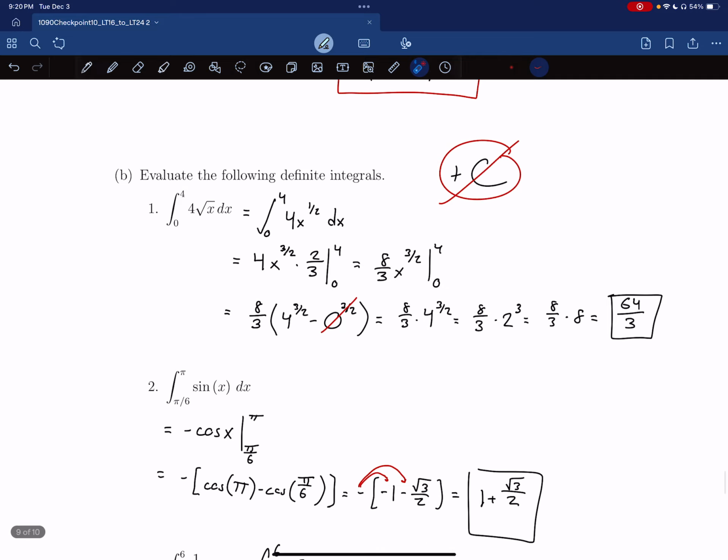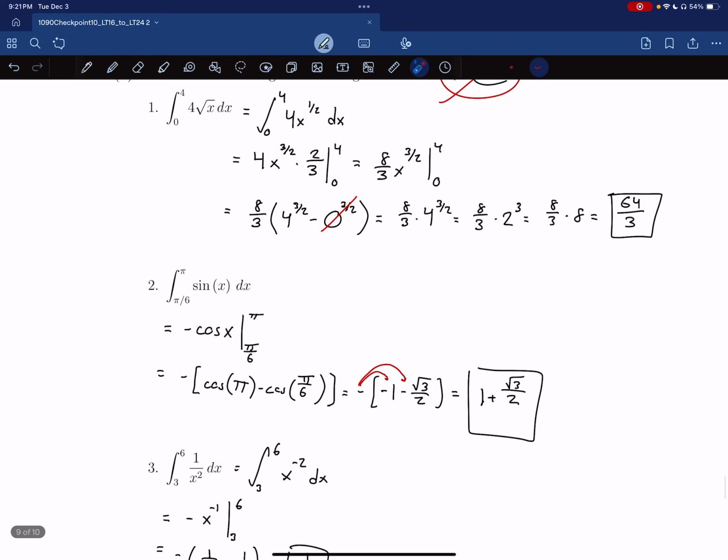In this first question, I see a square root. I'm going to rewrite it in terms of exponents, so that way we can do the power rule pretty easily. And then I plug in the upper bound and subtract the lower bound. In this case, the lower bound is 0, so we don't really have to do it. Sometimes you have to do it, but in this case, because it's just something times x, 0 to whatever power is just 0.